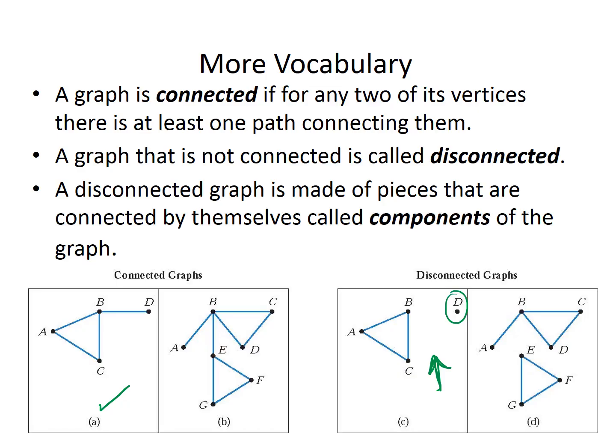There's no path to D from A, for example, so it's a disconnected graph. This is again connected. This here is disconnected, A, B, C, D, E here, but then this is a separate component. You can't get from D to E, so it's a disconnected graph. So that is the end of section 14.1.